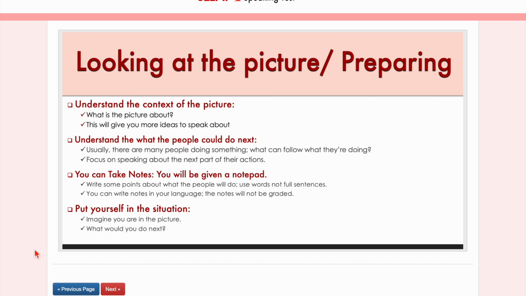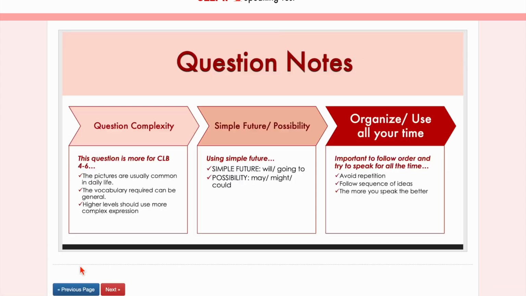The guide tells you how to look at the picture and prepare effectively, and what you should do. It also provides some question notes. Very important for Part 4 will be the simple future, using will and going to, as well as possibility, may, might, and could for higher levels.